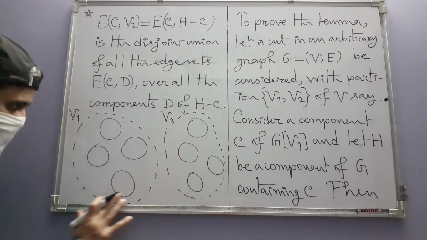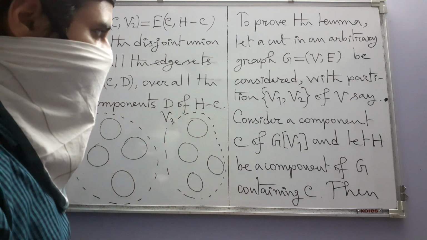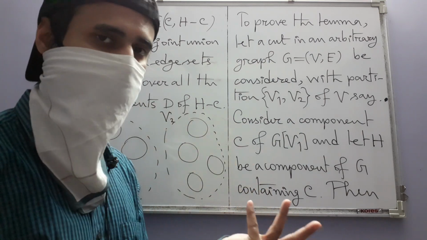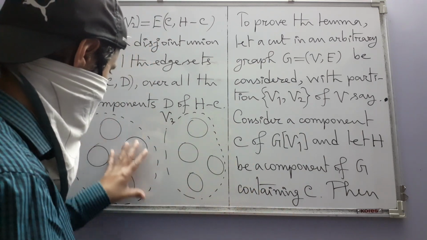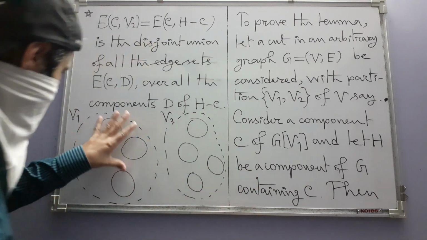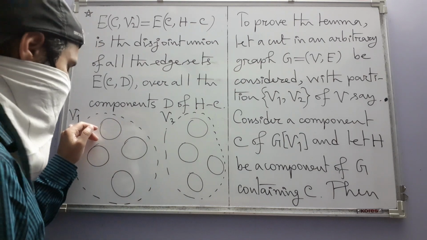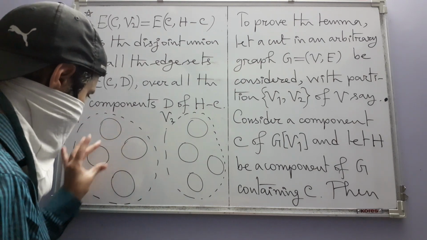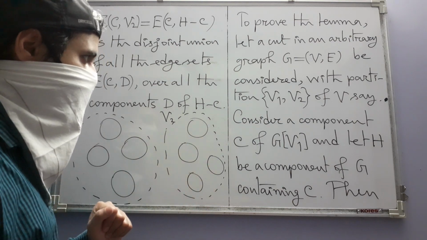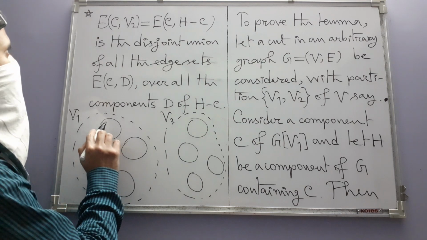You understand that this part is V1 and this part is V2. Because we don't know whether these parts induce connected subgraphs or not, we have drawn multiple components in those induced subgraphs. Whatever subgraph is induced by V1 has these components. Like that, GV2 has these components. And one of those components is our C.